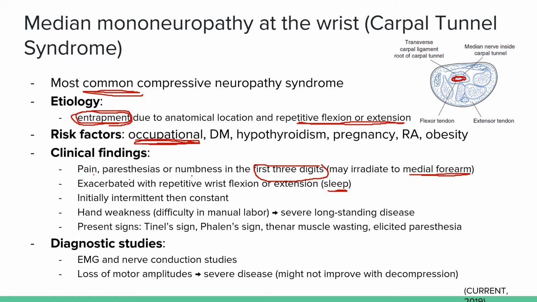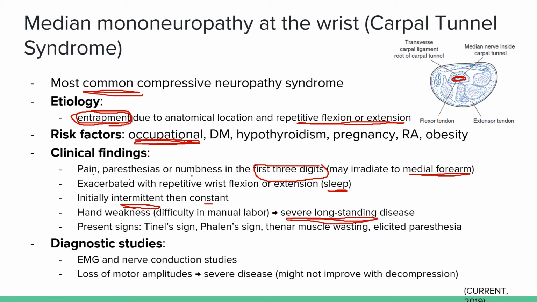The patient can wake up because of the pain, because when you are sleeping, there is flexion and extension without you noticing until the pain is very, very severe. Initially it is intermittent, but then as the disease progresses it becomes constant, and hand weakness can be seen as difficulty in manual labor, and this tells us about a severe long-standing disease.